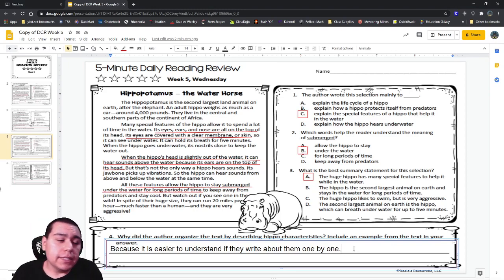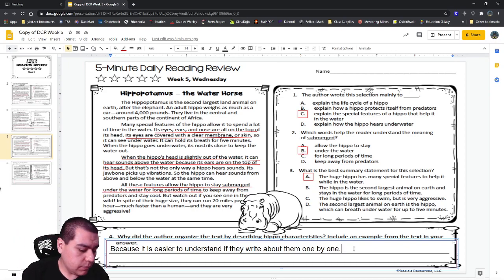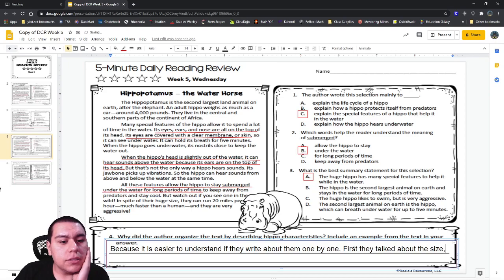So it says to include an example from the text in our answer. So what's the first thing they talked about? What was the first feature of the hippo they told us about? Okay, Brianna. Haley, what was the first feature they told us about? Okay, so they told us about the size. So we can say first they talked about the size. After the size, what was the next thing they told us about the hippo?